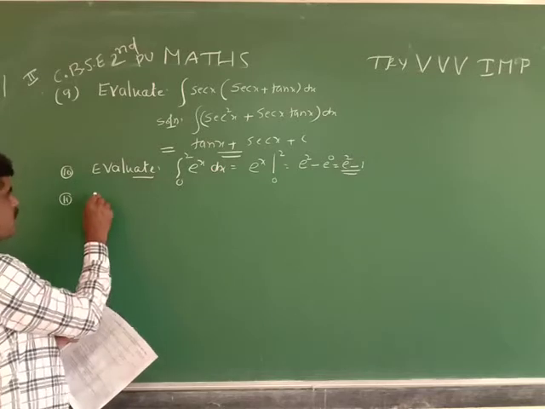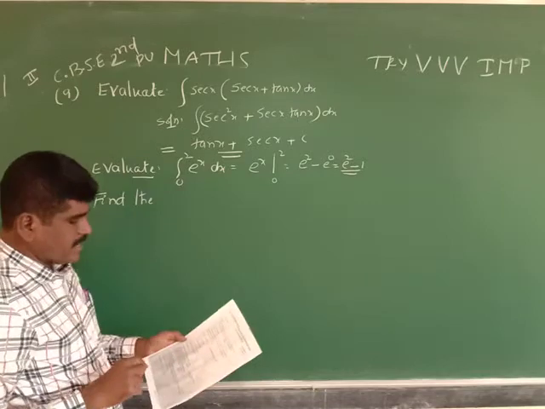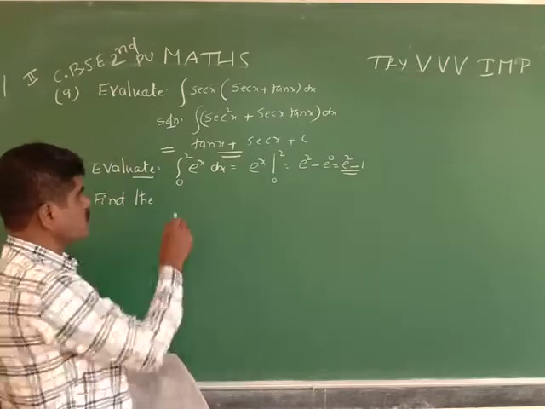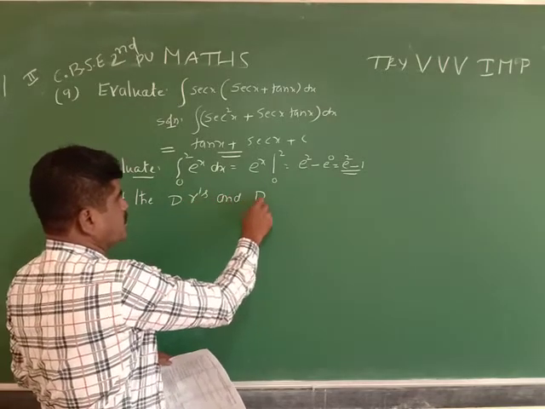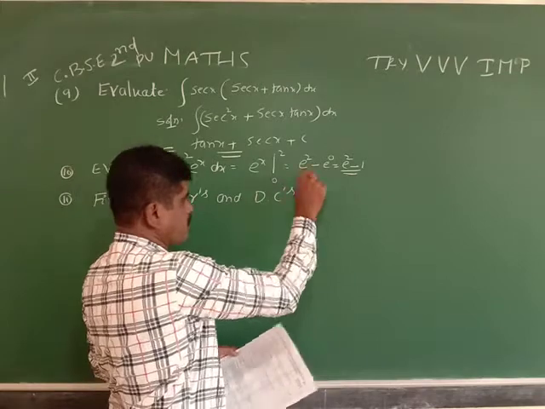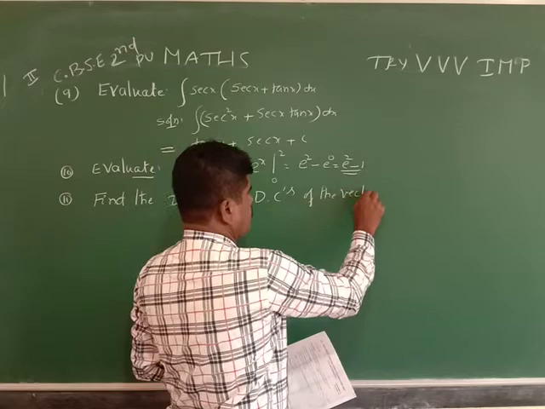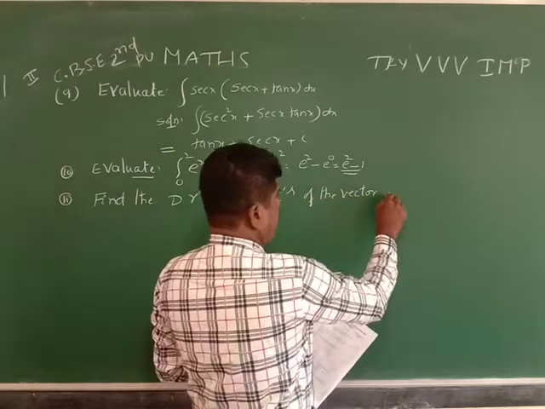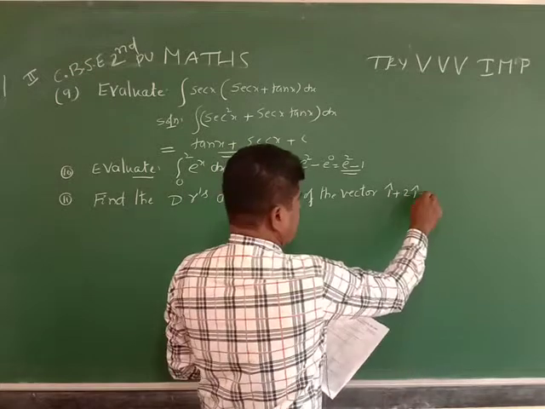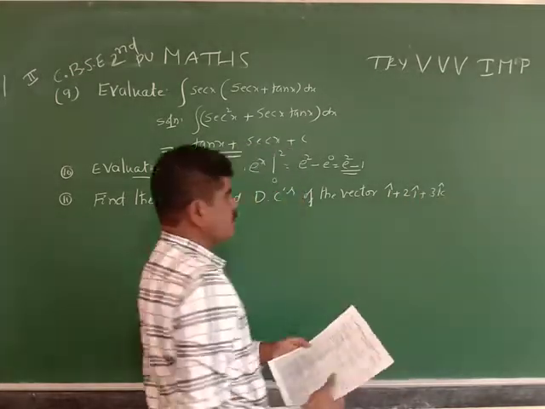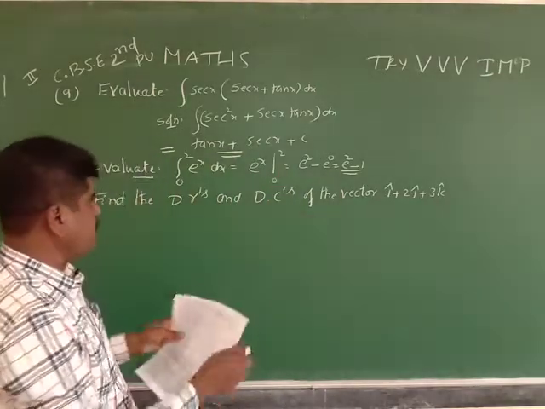Find the direction cosines. Here it says direction cosines, but I will say direction ratios. Find the direction ratios and direction cosines of the vector i cap plus 2j cap plus 3k cap. Give any vector.